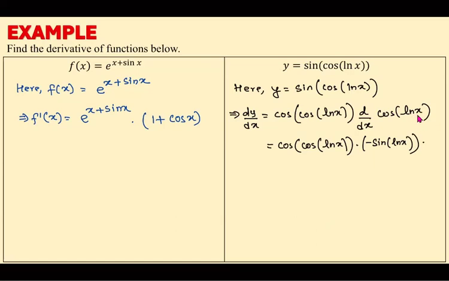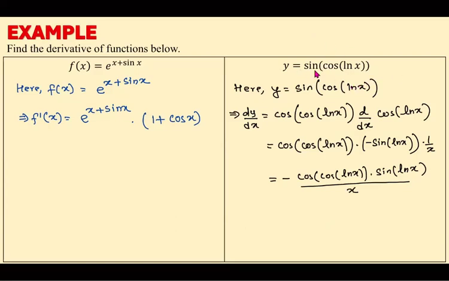The derivative of natural log x is 1 over x, so we multiply that by 1 over x at the end. You can see that the first term is positive, the second is negative, the third is positive. So if you multiply all that, it will be negative cosine natural log x multiplied with sine natural log x, all divided by x. That is the final answer for this one.